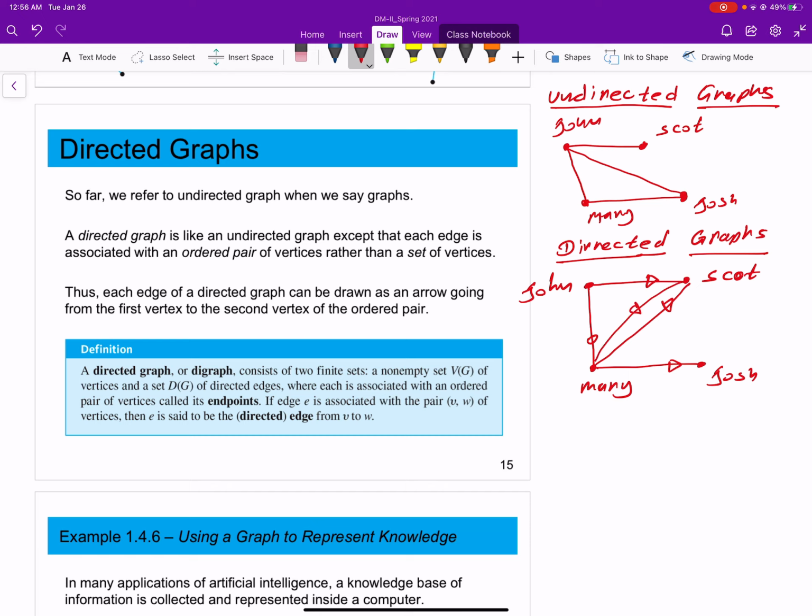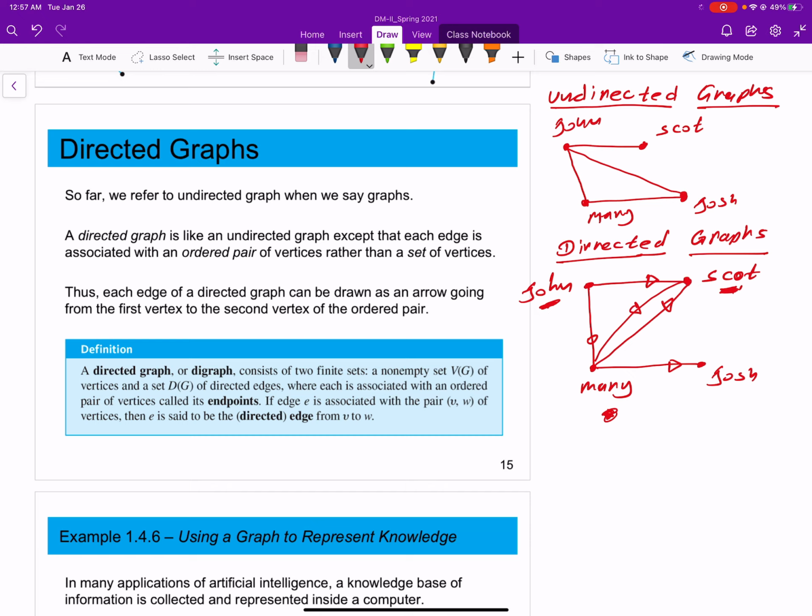So this is called a directed graph because the arrow is important, the direction is important. This says John texted Scott, not the other way around. And John texted Mary, not the other way around. Between Scott and Mary, Mary texted Scott and Scott texted back to Mary. Things like that.